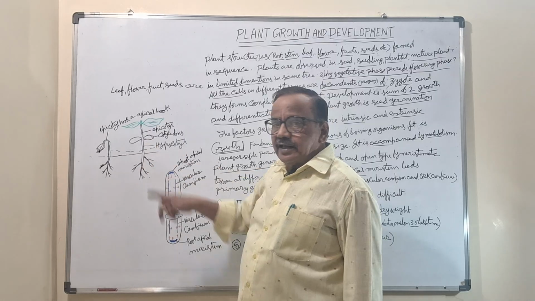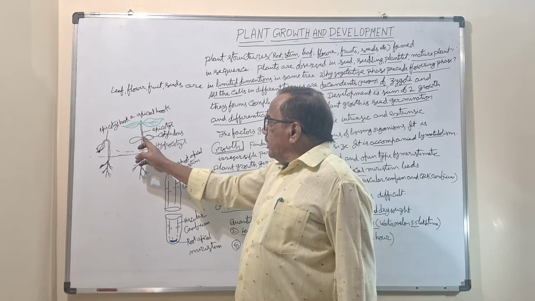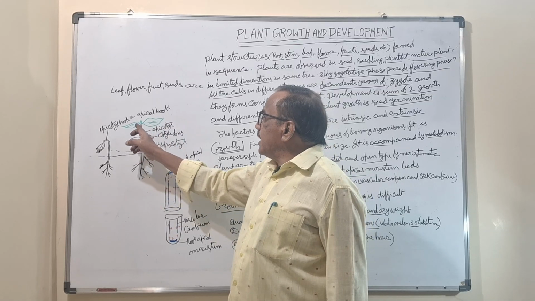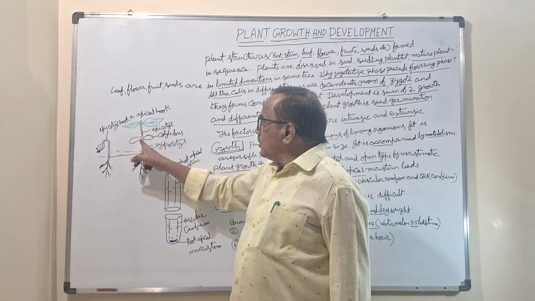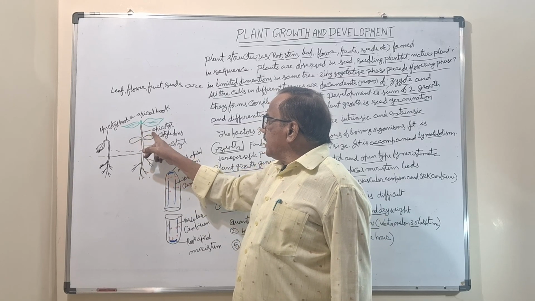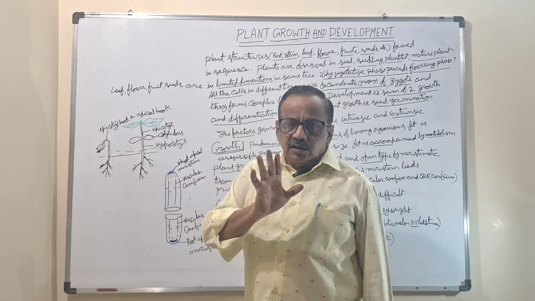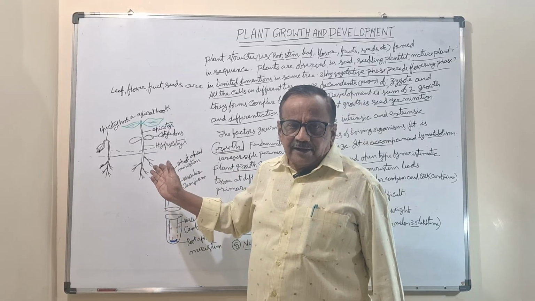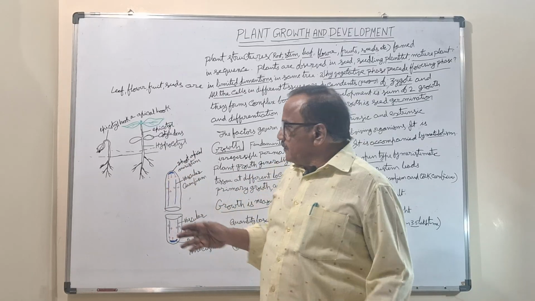From the embryonal axis, the plumule develops, increases, and forms the leaves. Up to the first leaves, whatever distance comes from the plumule is called the epicotyl. Is it clear? Remember it, or otherwise draw the diagram somewhere, or read it in the textbook.